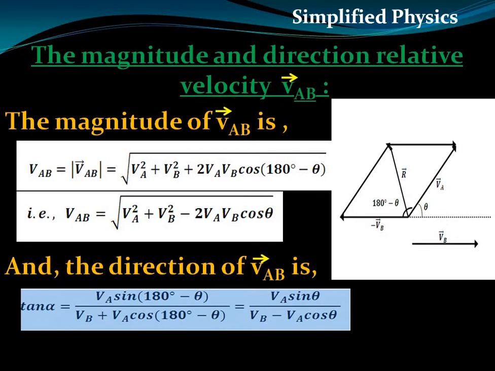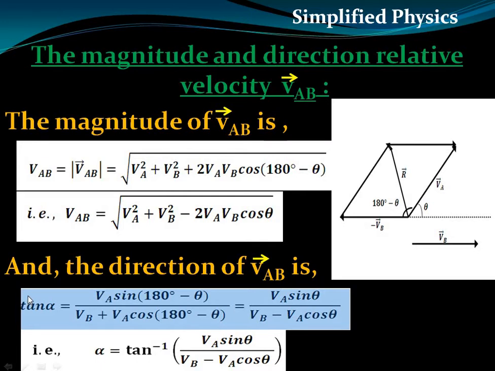Similarly, the direction can be found by using the relation tan alpha equals, where alpha is the angle between the relative velocity and the negative vector, v_A sin(180 minus theta) over v_B plus v_A cos(180 minus theta), which simply gives v_A sin theta over v_B minus v_A cos theta.